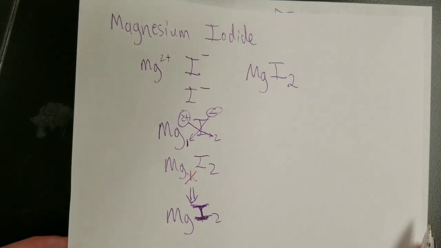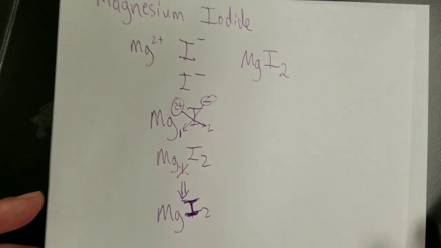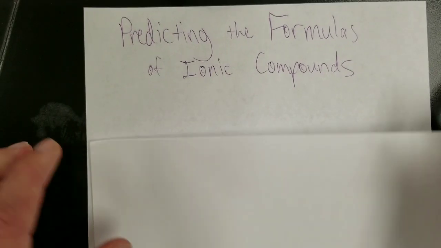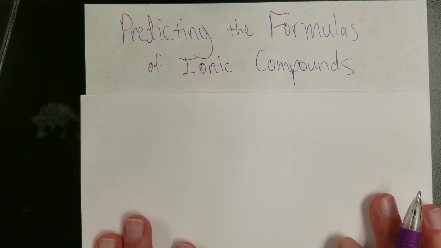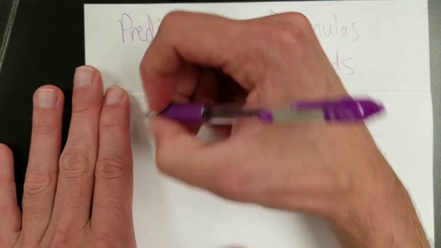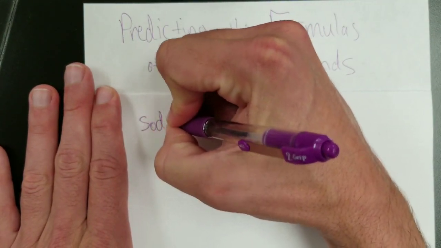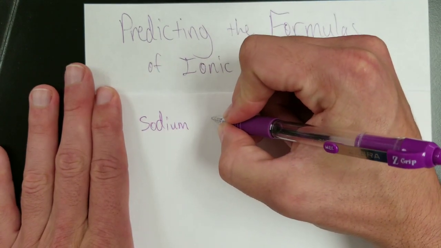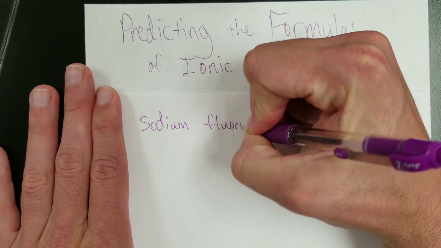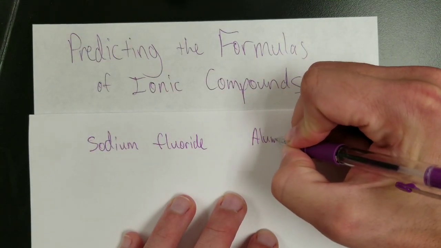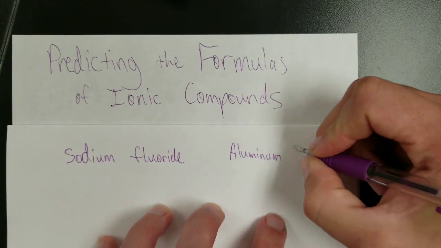Now, this crisscross method is generally pretty good about giving results that are correct, though there are some hang-ups, but let's just practice with a couple more of these. Okay, so let's see. Sodium fluoride and aluminum sulfide.